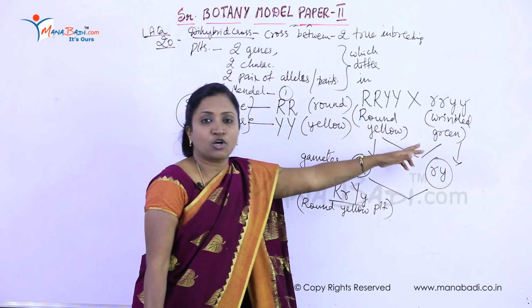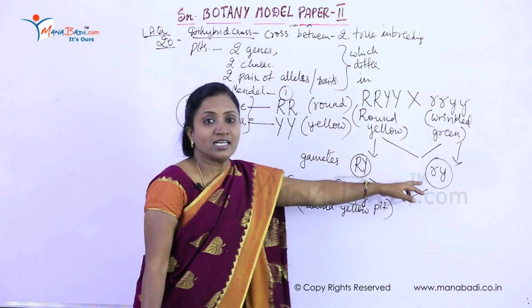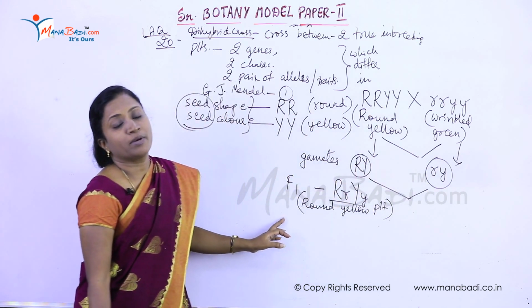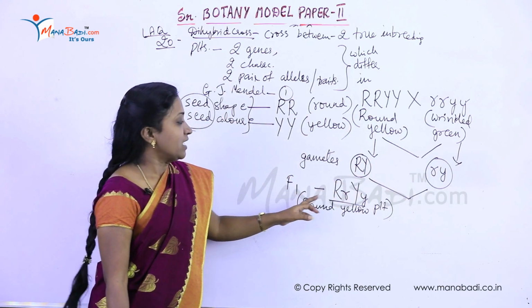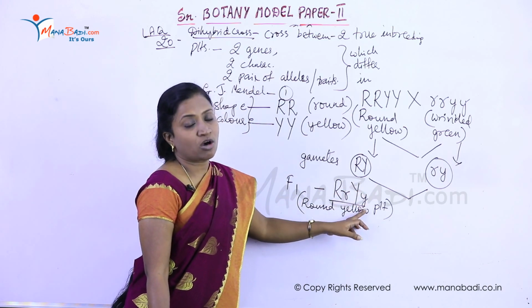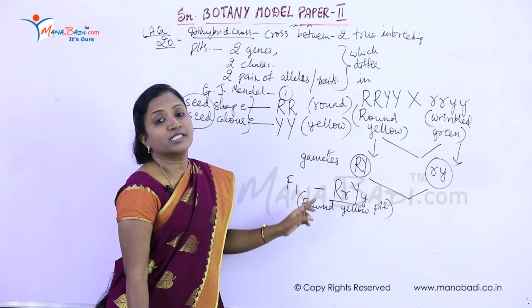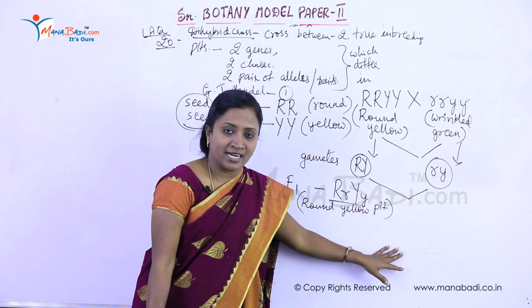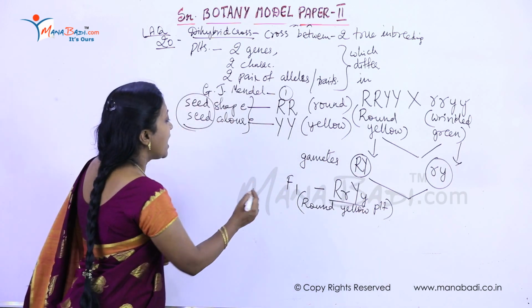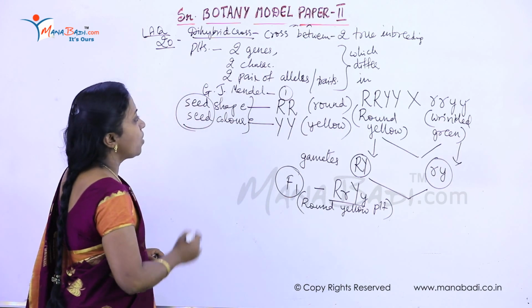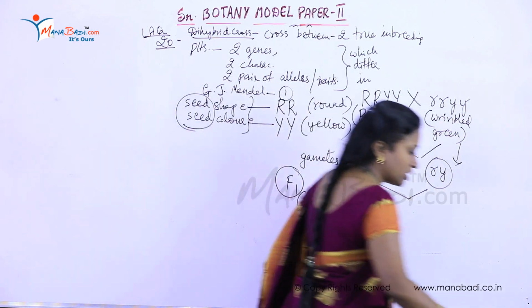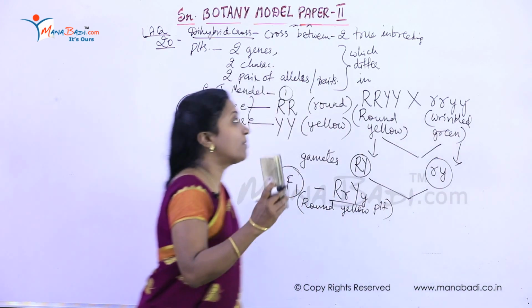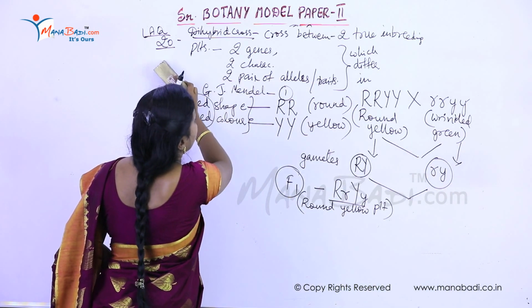These two plants were crossed and the gametes resulted in the formation of capital R, small r, capital Y, small y, a heterozygous round yellow seeded plant. Now, what is done to this F1 generation? The F1 generation plants are selfed.